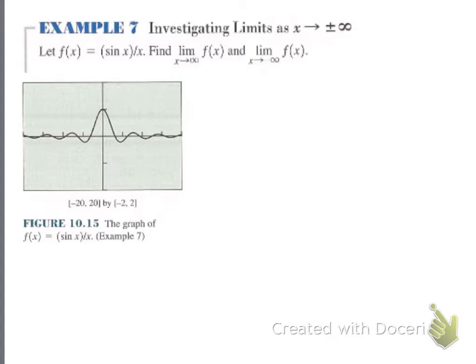Now, let's look at this graph. It says let f of x equals sine x over x. Find the limit as x approaches infinity of f of x. Okay, so here's our function. We are approaching negative infinity, or approaching positive infinity. What's happening to the graph? It's getting closer and closer to 0.